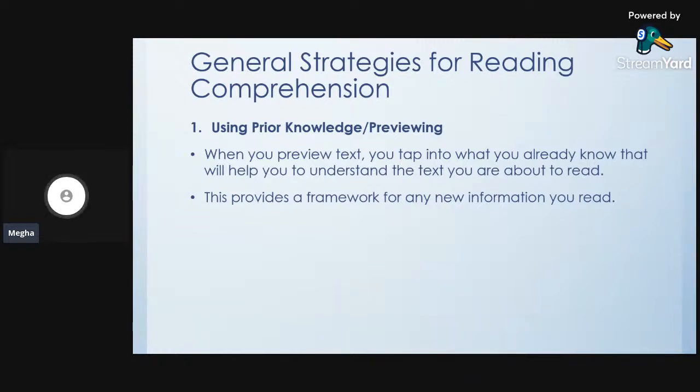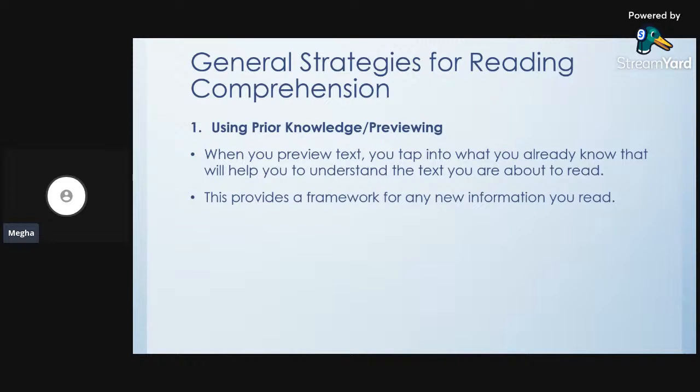So with using prior knowledge, when you look at a few keywords mentioned in a sentence, it will be easy for you if you have at least some knowledge about them. This provides a framework for any new information you read.